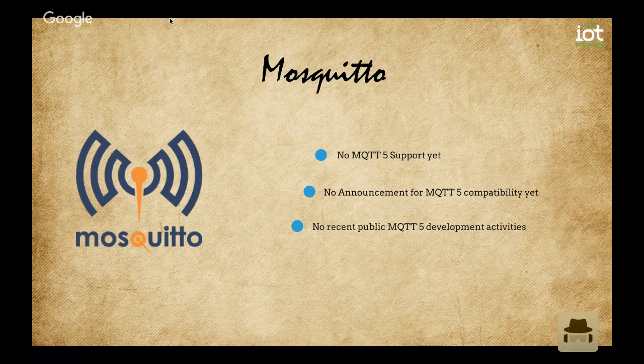There weren't too many MQTT 5 development activities recently, at least no publicly available ones. I personally hope that Mosquitto will have MQTT 5 compatibility very soon, but as of today, it's not possible to use Mosquitto with MQTT 5.